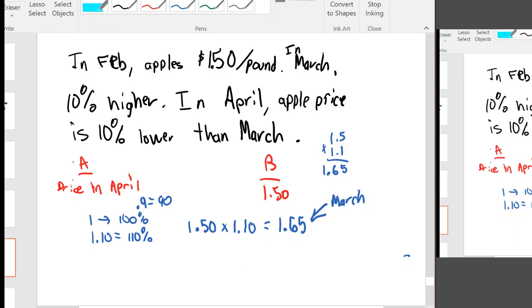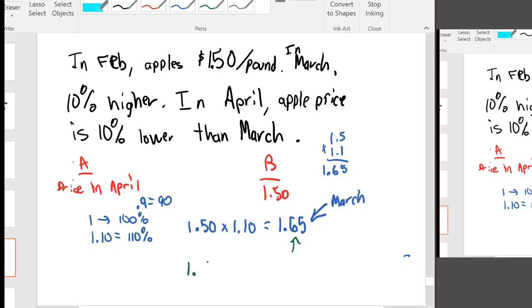Well, the price in April is going to be 10% lower than my March price. Well, now this is no longer 10% of the original value. Now my March price is the main price that I'm dealing with. This is now 100% of the value of March. So now I'm talking about April.